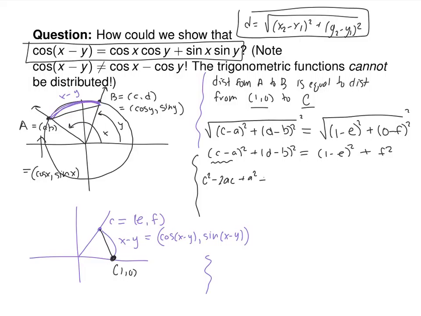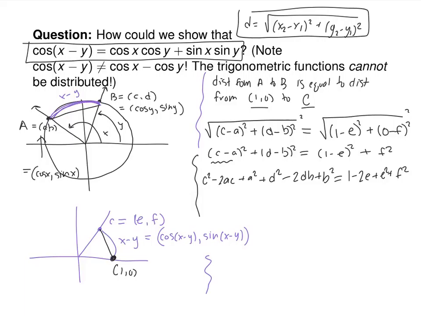And then we'll have D squared minus 2DB plus B squared equals, on the right side, 1 minus 2E plus E squared plus F squared, right? Is everyone okay? That's just algebra so far, right?